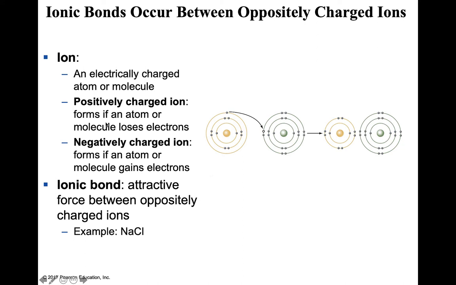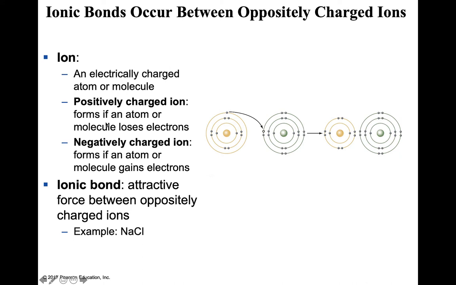A positively charged ion forms if an atom or molecule loses an electron. If it loses it, it's less negative, so it's positive. A negatively charged ion forms if an atom or molecule gains electrons. So now it's negative because it picked up an extra negatively charged particle.